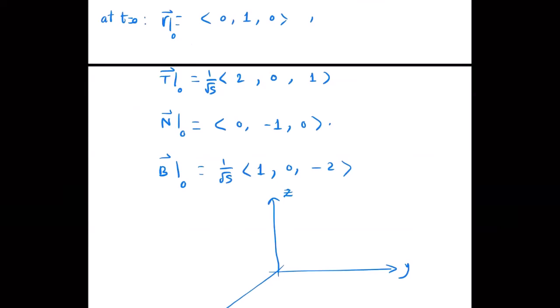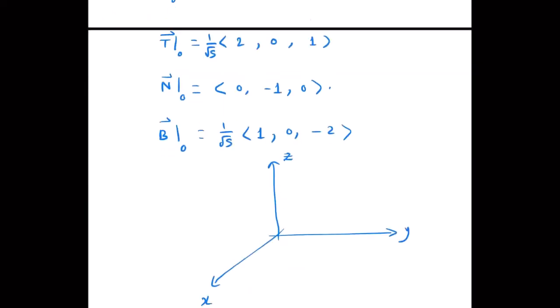So at 0, we have 0, 1, 0. So this is R0. And the curve goes like this and moves. This will be enough. This is the direction of motion. This is the initial point.